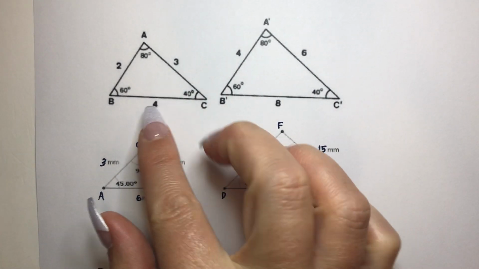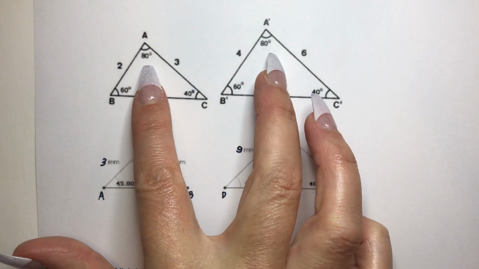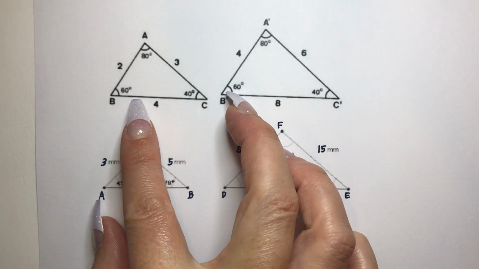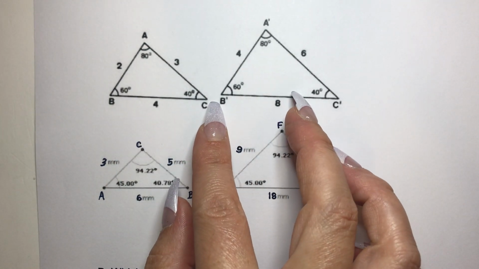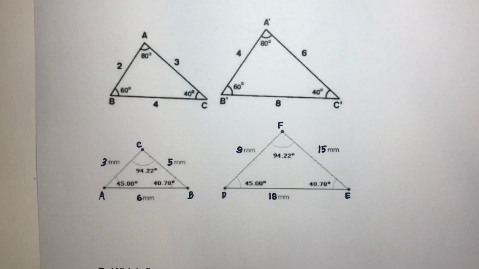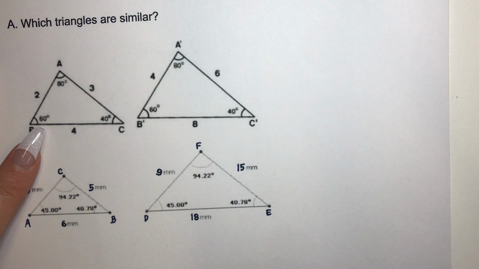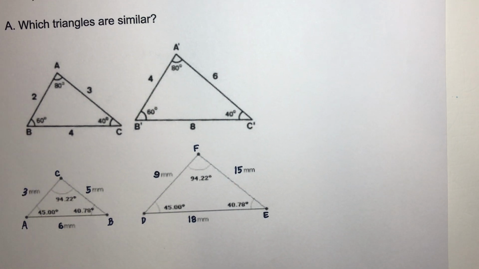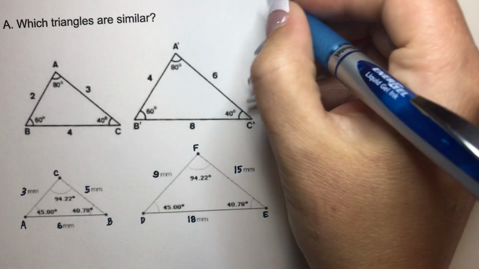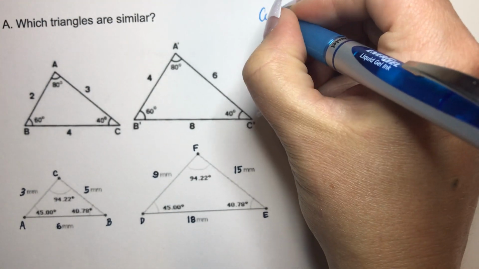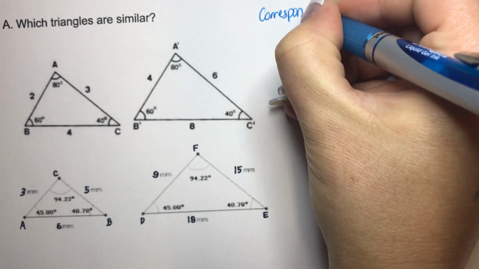So when I look here at these two triangles, they both have 80, they both have 60, and they both have 40, all right? So I would say, for them to be similar, they need to have corresponding angles. So that's the first thing, corresponding angles.